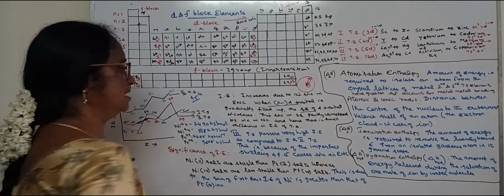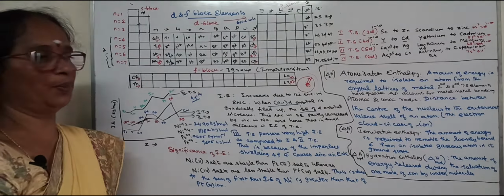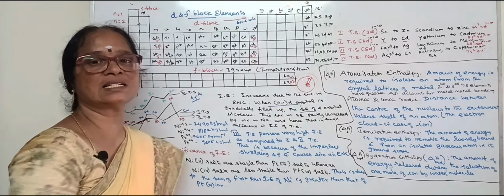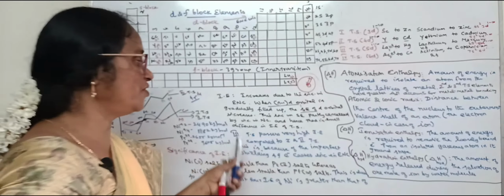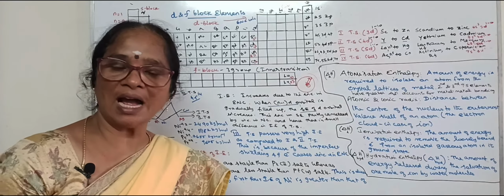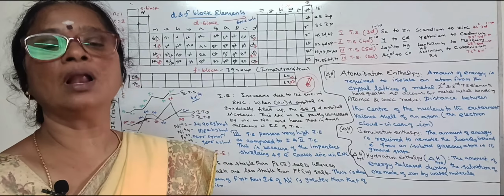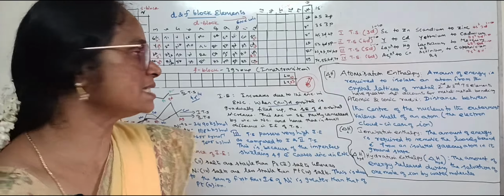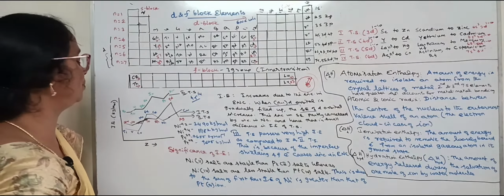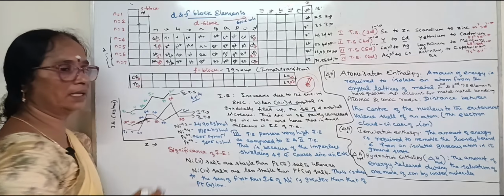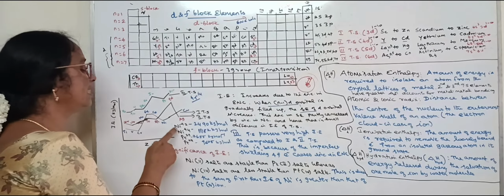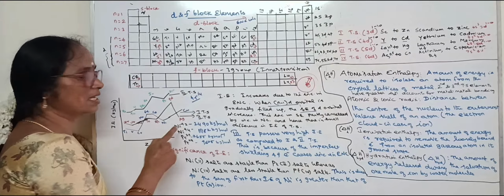Then what about the significance of ionization enthalpy? By knowing the ionization enthalpies of different metals, we can identify what kind of salts can be stable or unstable. Let us consider the ionization enthalpies of nickel and platinum. Nickel can have the +2 state as well as the +4 state.